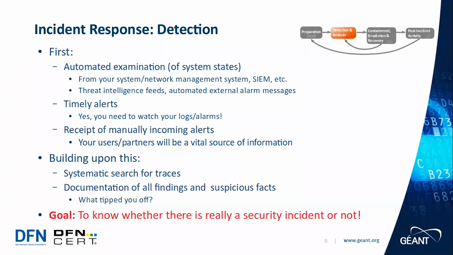You may also have a threat intelligence feed or get some automated external alarm messages from your security provider. So when these things spring up, you're most likely to know that there is an incident happening, or at least something serious.